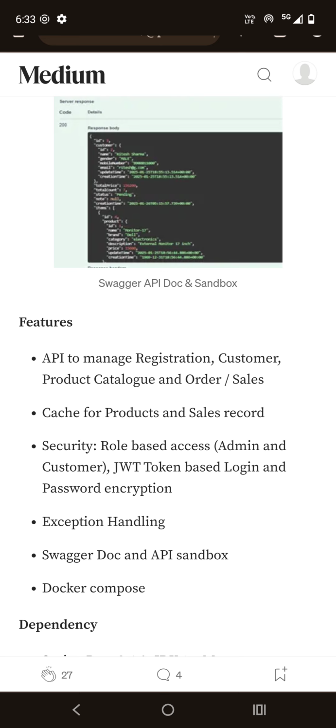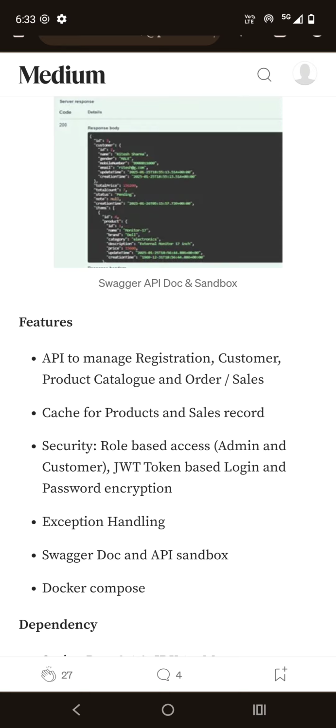Every time the customer may not purchase the same product items, it will differ, so you will not store those details in cache. Getting my point? You will only store the constant details and non-sensitive information.